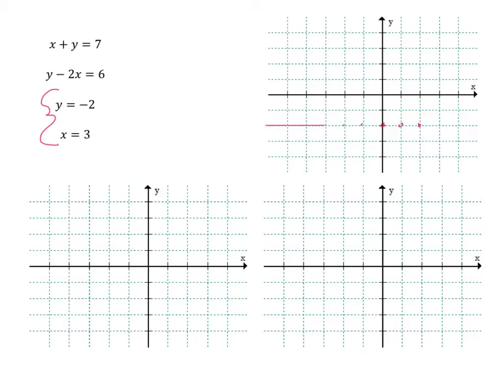So y is equal to -2 is a horizontal line. If I'm looking for the line x equals 3, I have to locate 3 on the x-axis and plot points everywhere where x is equal to 3. So it's 3 here, and here, and here, and backwards as well. So x equals 3 is a vertical line at 3.